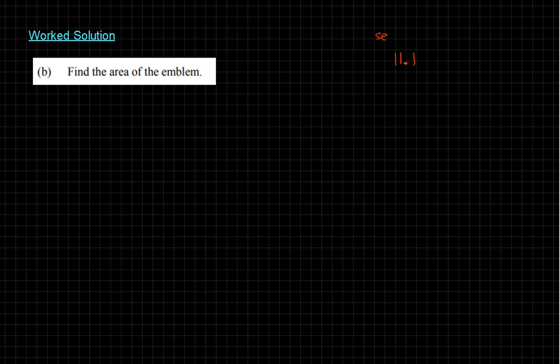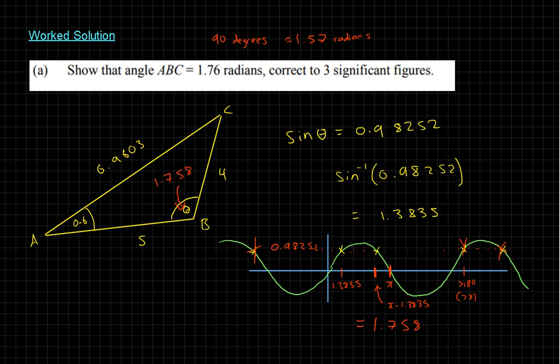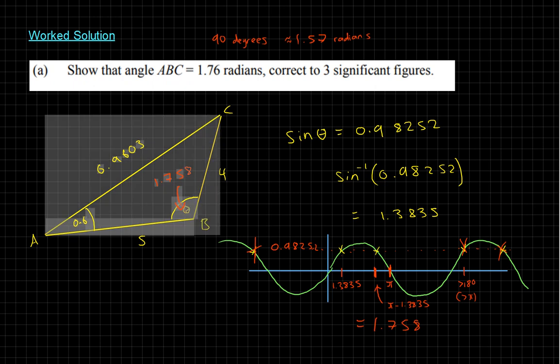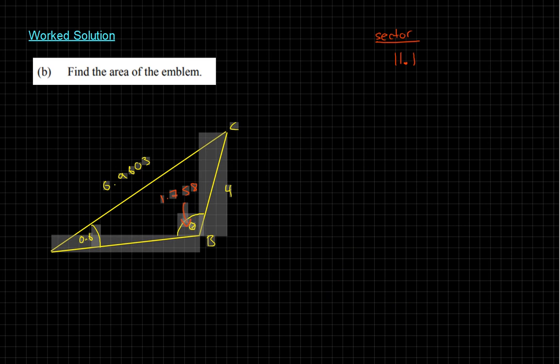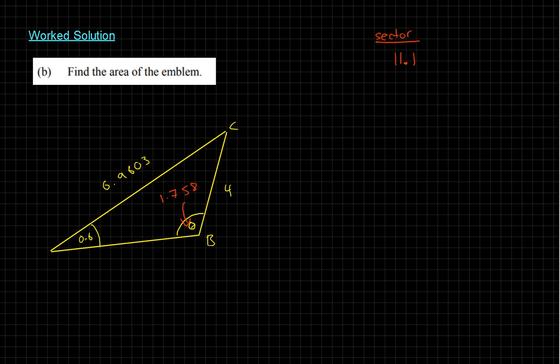I call this the sector. The sector is 11.1. And then let's look at the triangle again. So if I bring that across. There we go. So basically the question really is, what's the area of this triangle?